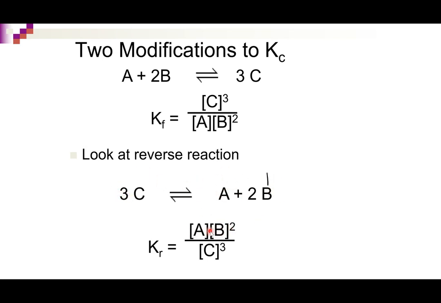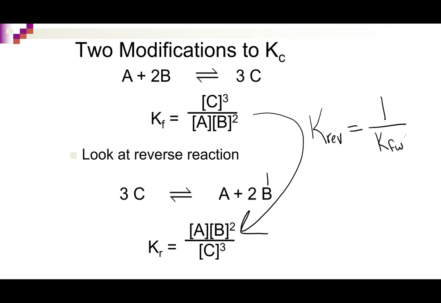So A and B are on the top and C is on the bottom. So essentially what we did to get from here to here is K for the reverse reaction is going to be the reciprocal, or 1 over the forward reaction, okay?